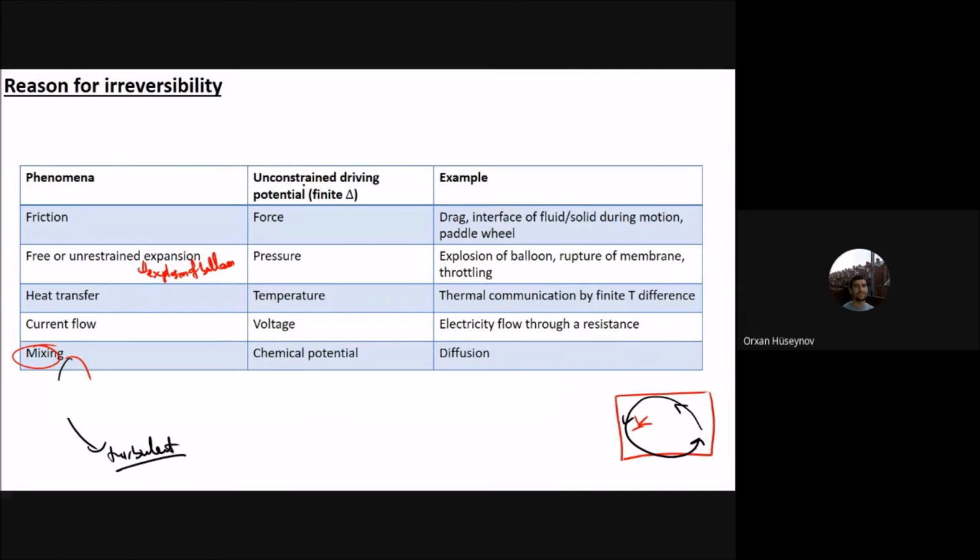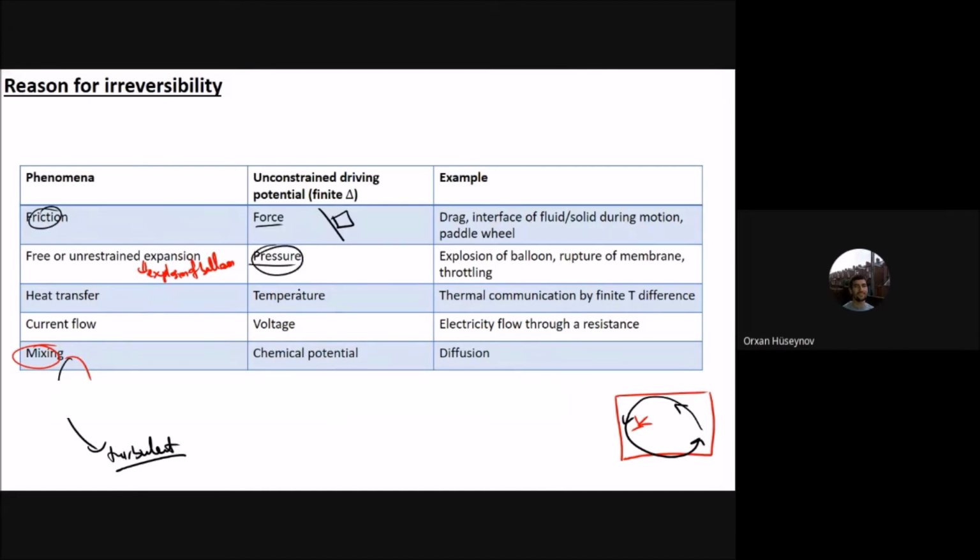We saw, what is the reason for these processes? If it is friction, you have the force difference. If it is expansion, you have the pressure difference. So friction, as you have said, if it slides down, there is a force difference between this one and that one. That force difference may be in equilibrium or it can accelerate anyway. So you will have that friction effect.